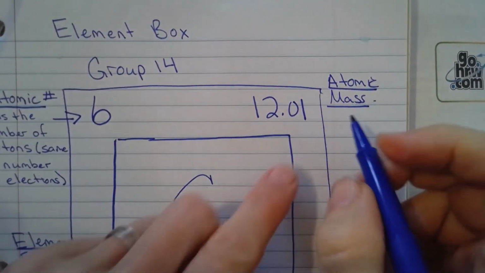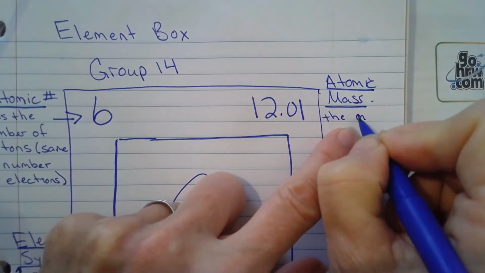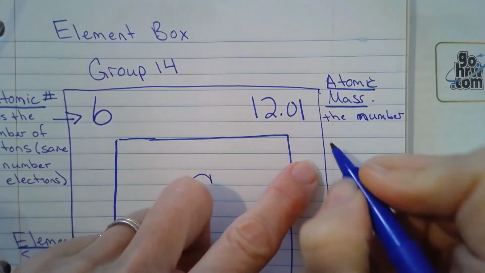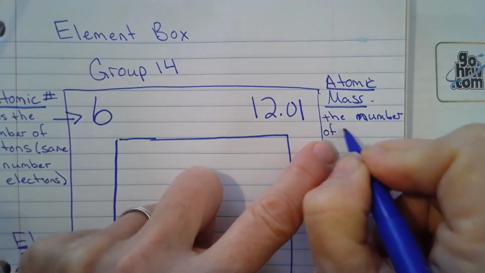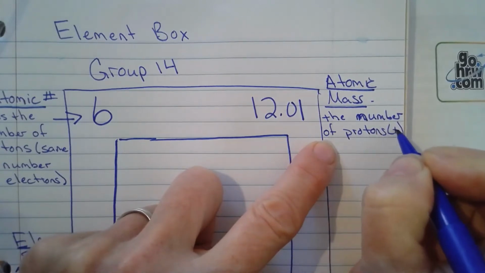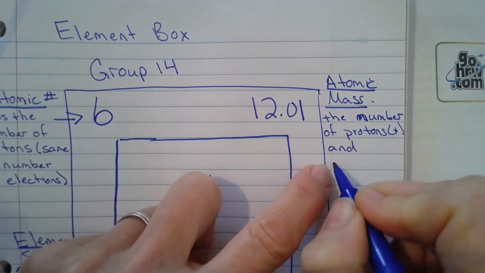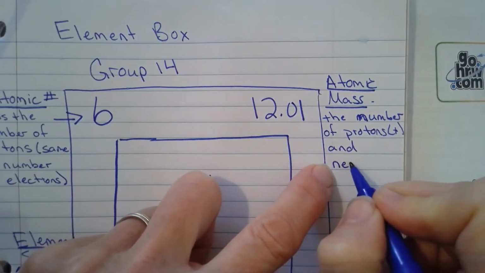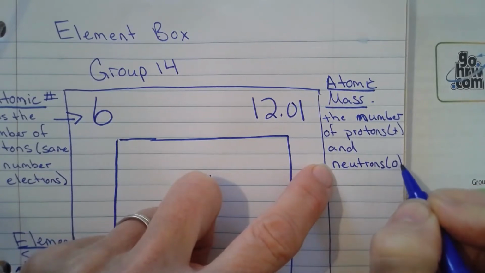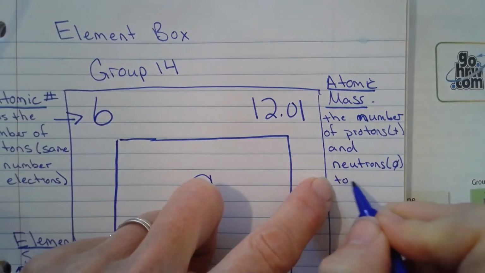The atomic mass is the number of protons, positive, and neutrons, which have no charge, that is 0, together.